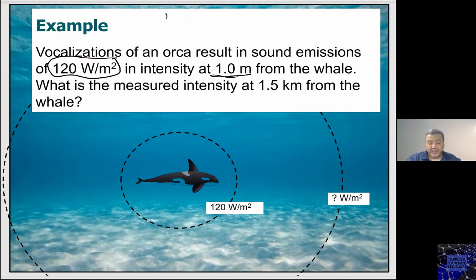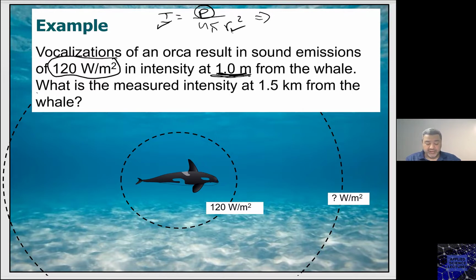So I have I equals P divided by 4 pi r squared, and R is 1 meter, which means in this case, if I know R and I know the intensity, then I can calculate the power. Because as you can see, the intensity depends on the distance.